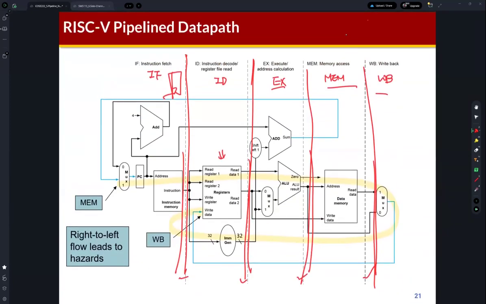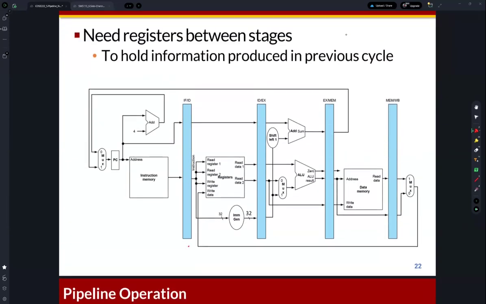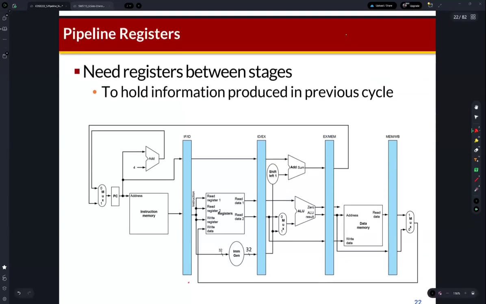In the pipeline design, we can start from the single cycle processor architecture, but in the single cycle processor architecture, this yellow line is the critical path. So in order to reduce the critical path delay, we can just cut this combinational logic part and insert D flip-flops. Okay, and then the group of D flip-flops is called registers, right?